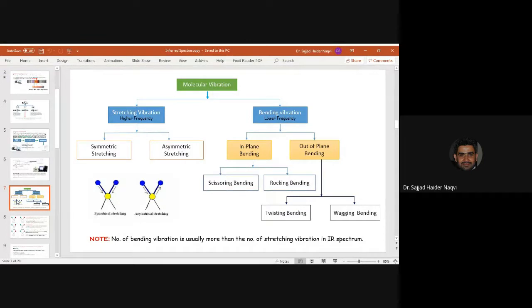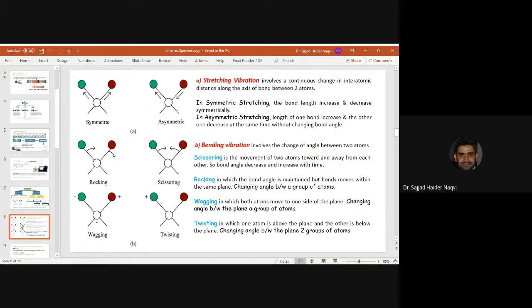We have gone through in detail that stretching vibrations are of two types, symmetric and asymmetric, and the bending vibration will be either in plane or out of plane. The in plane can be further divided into scissoring and rocking, while out of plane will be twisting and wagging. And we have seen these pictures to give you an idea about all these types.